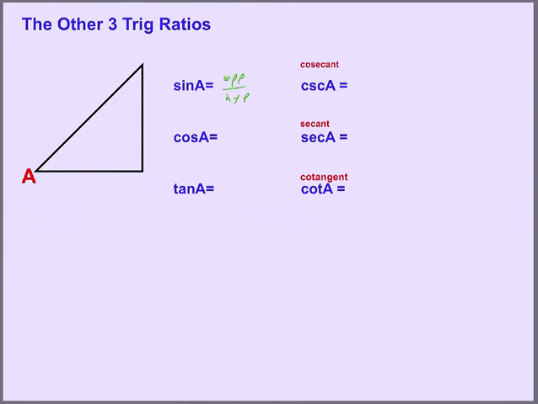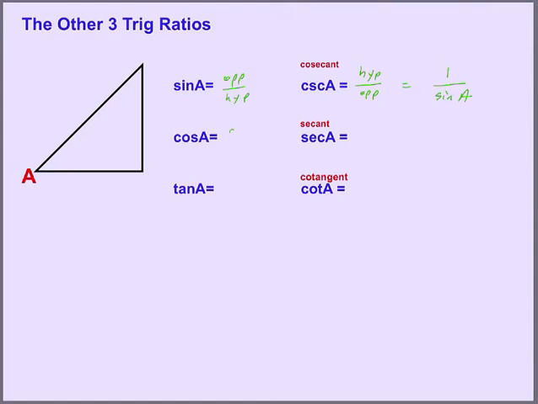The cosecant, whose symbol is CSC, but we always read that as cosecant, even though the symbol only has 3 letters, we read the whole word. The cosecant of an angle is the reciprocal of the sine. It's the hypotenuse over the opposite. And again, another way to think about that is the reciprocal of the sine.